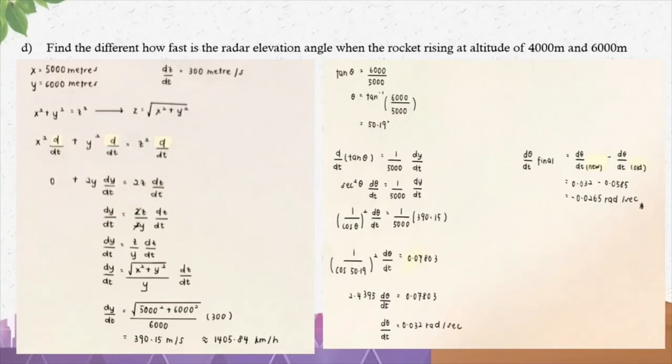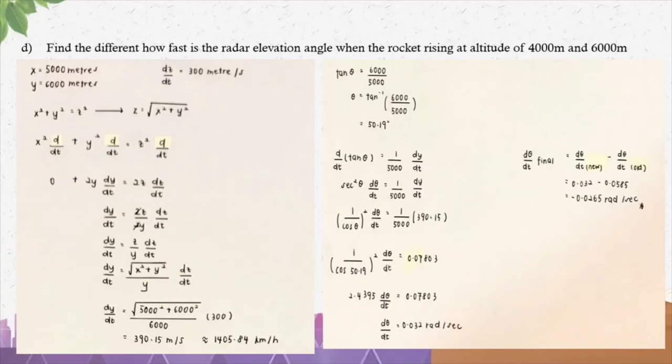Now we differentiate s squared, y squared, z squared with respect to time, d over dt. The s squared d per dt becomes 0 because the distance s is constant, meaning it does not change with time. Then y squared d per dt becomes 2y dy per dt, and z squared d per dt becomes 2z dz per dt.